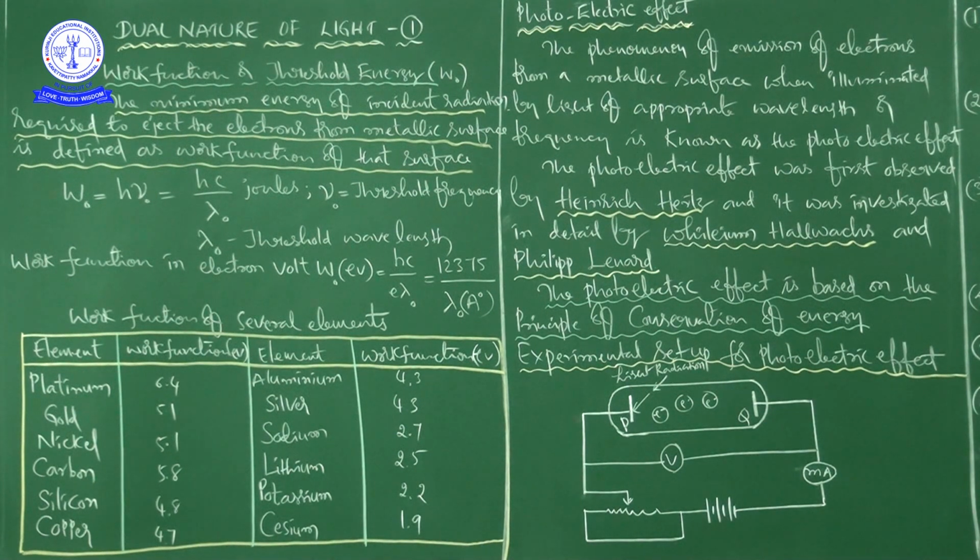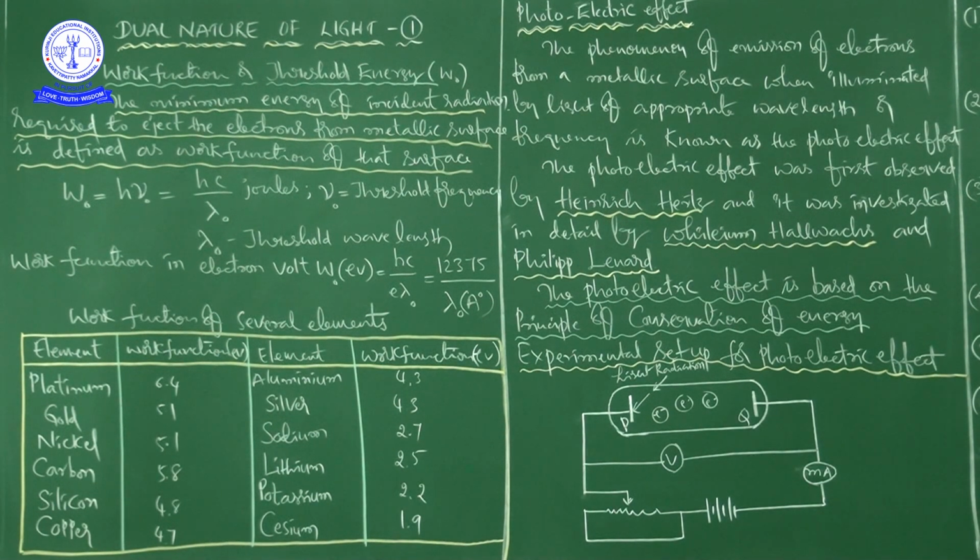When a metallic surface is exposed to electromagnetic radiation, that is light, an invisible form of energy which consists of oscillating electric and magnetic fields, both perpendicular to each other and to the direction of propagation of light. We discussed this in the chapter on electromagnetic waves from our board syllabus.